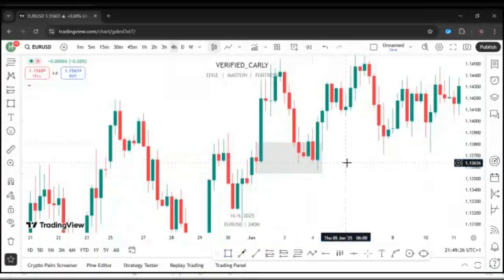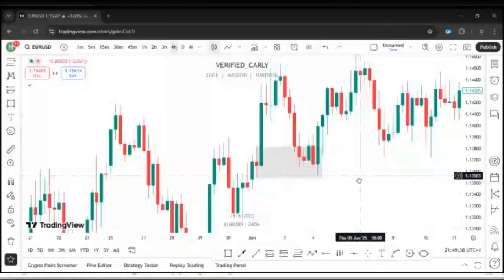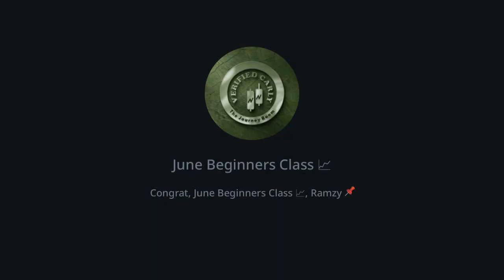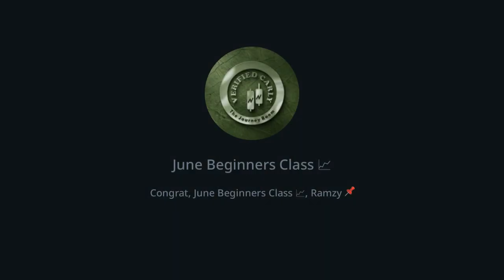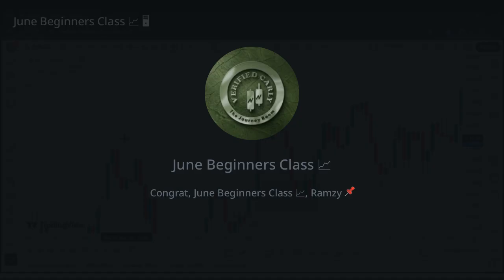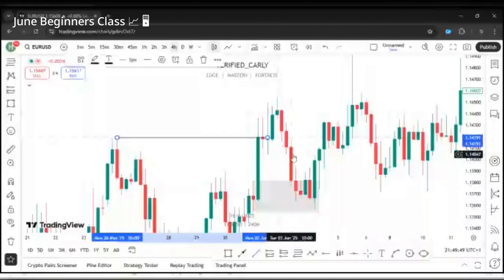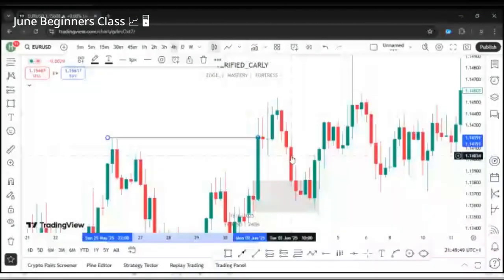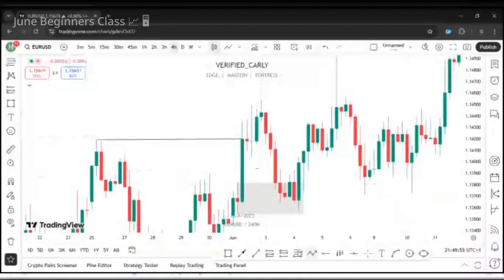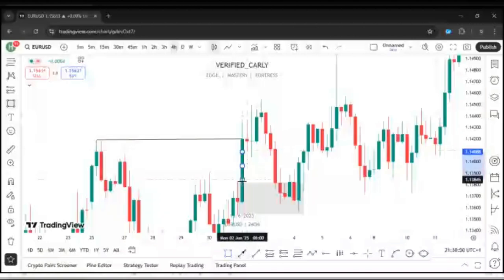Before breaking this structure, because this right here is a break of structure, let me show you guys. You are seeing it, right? So this is a break of structure, and this is an imbalance from this candle to the candle of the order block. You can just use it as an imbalance, which is inefficiency.